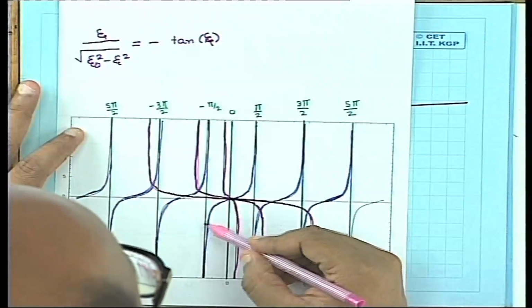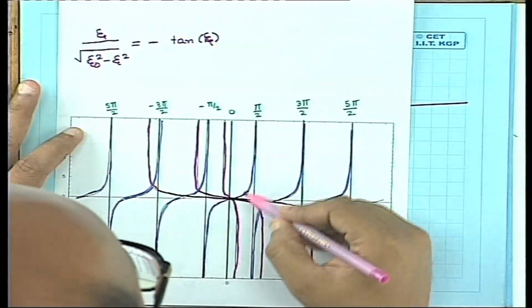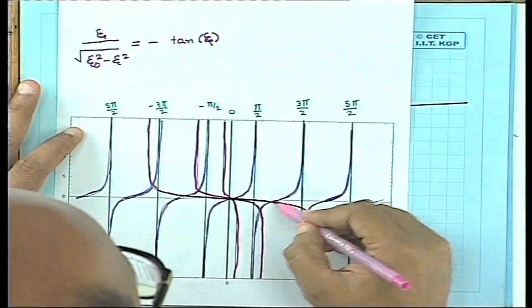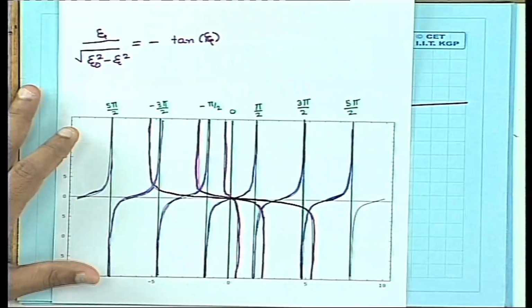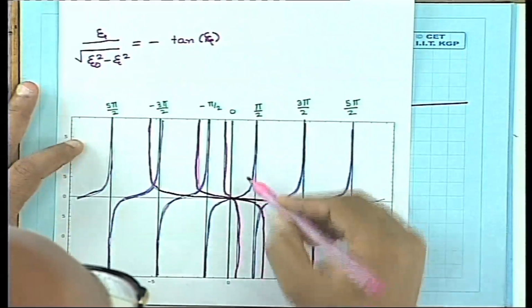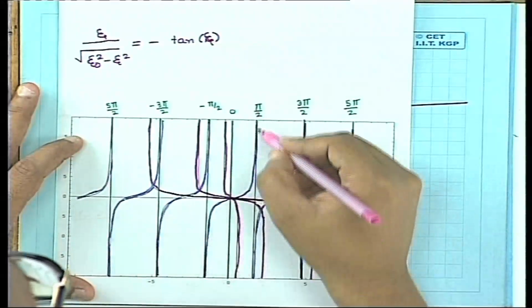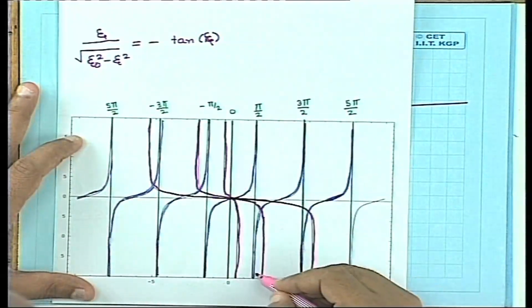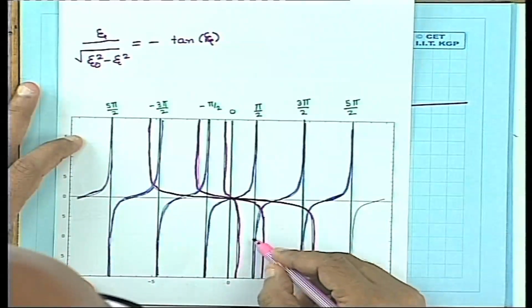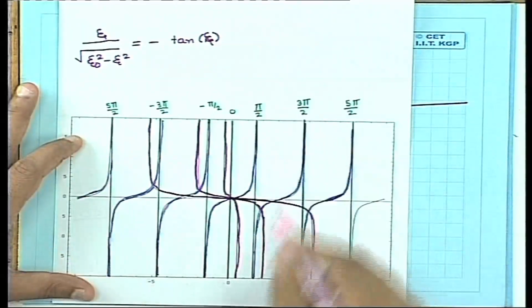So we have plotted tan of xi here. The blue curves over here show tan of xi. And tan of xi is 0 at xi equal to 0, and then it blows up at pi by 2. Then there is a discontinuity, and again it starts from minus infinity, goes to 0 at pi, and again blows up at 3 pi by 2.